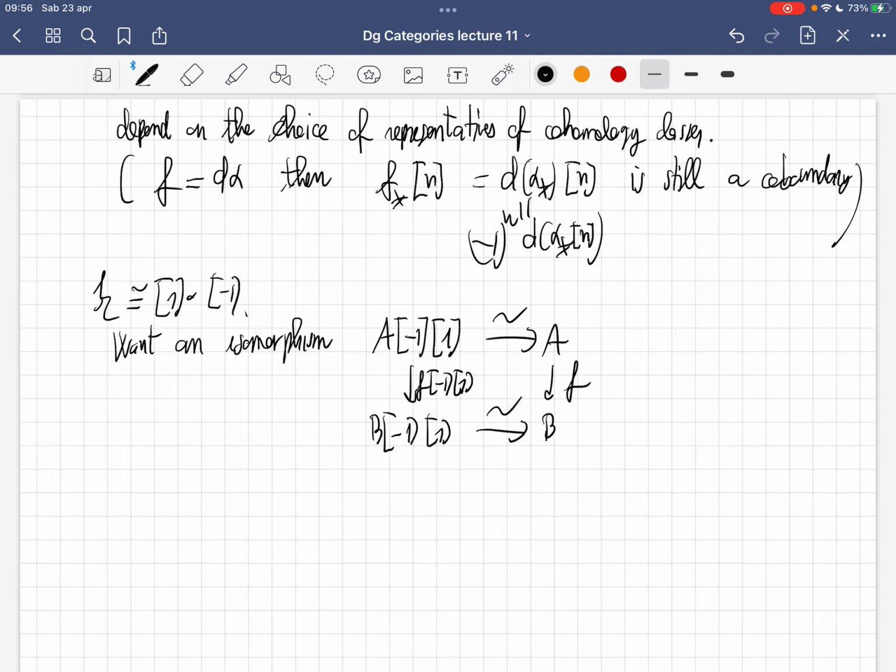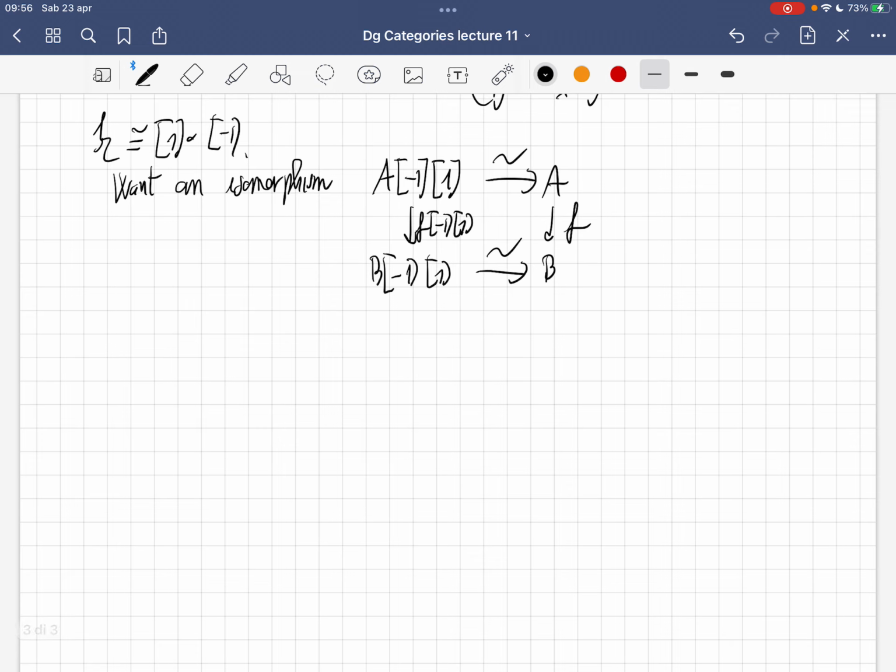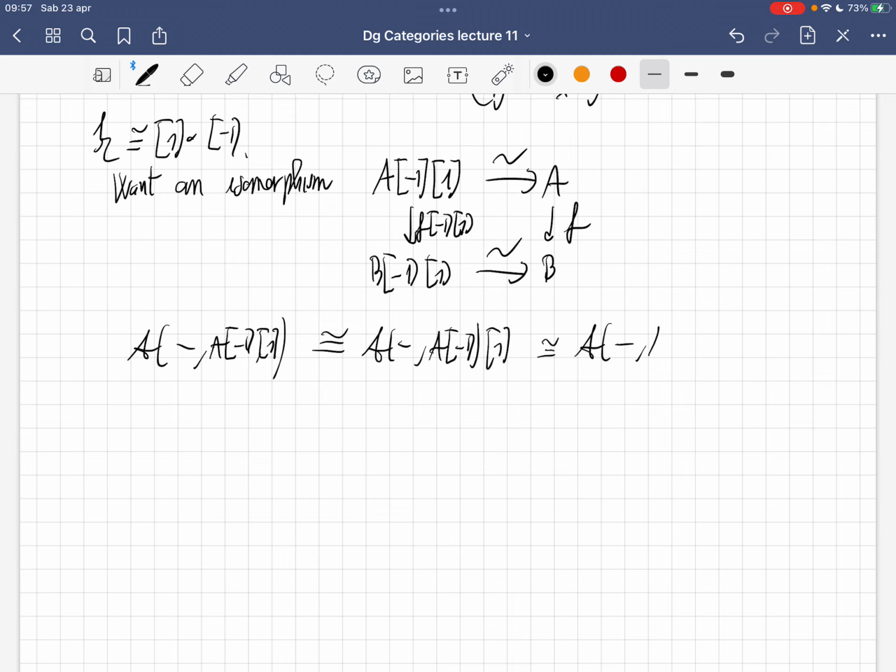Okay, so how do we do this? Again, we use representability. Why? Because this object, if you want, is A minus 1, then 1 goes out, and then A, and this minus 1, 1. But shifting by minus 1 and then by 1 is really, at the level of the DG modules, doing nothing. So this, if you want, we can just erase.